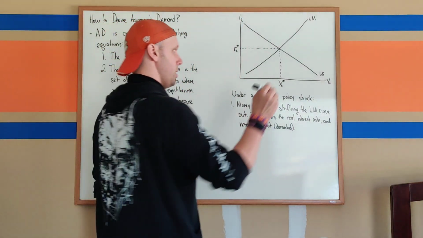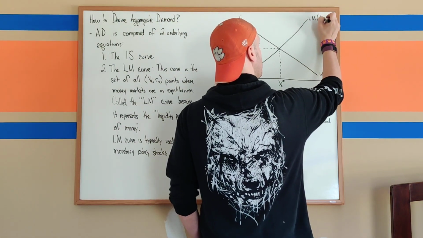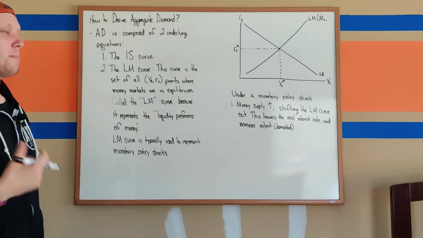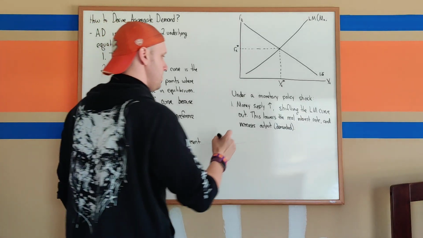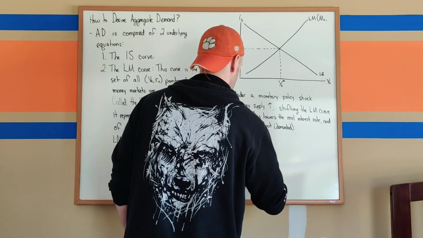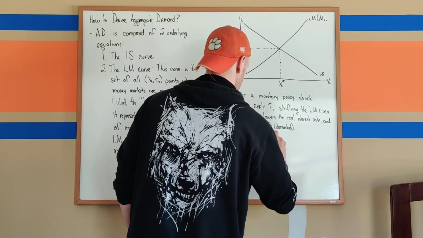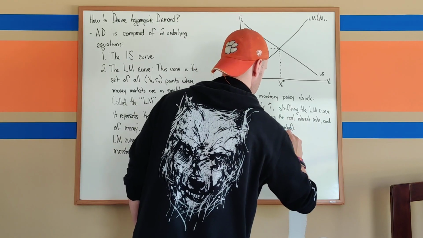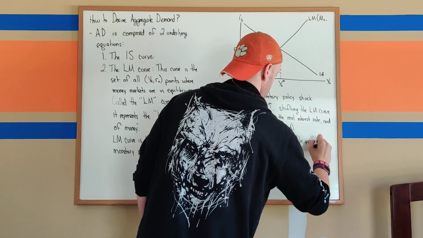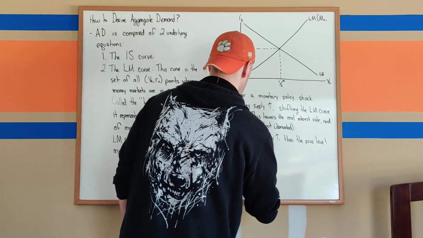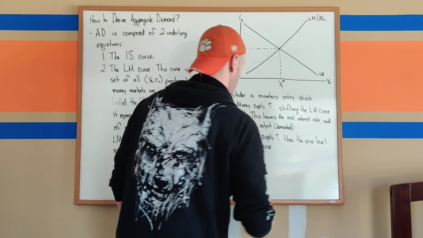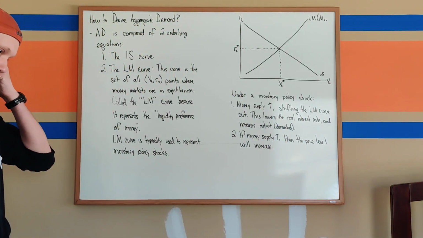All right, so the LM curve, as we configure it, is a function of the money supply, or the amount of money that is circulating throughout the economy. Now, if the money supply increases, the price level will increase.